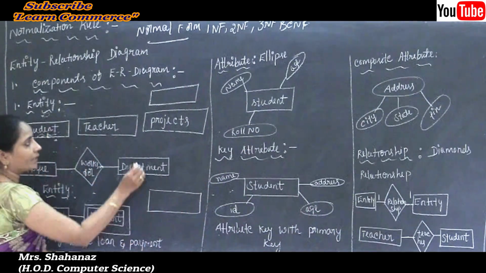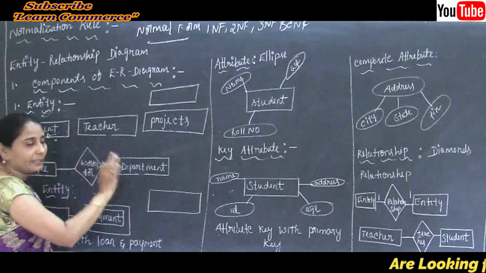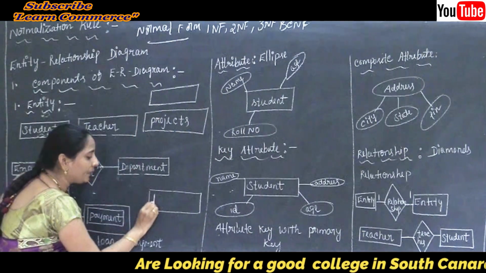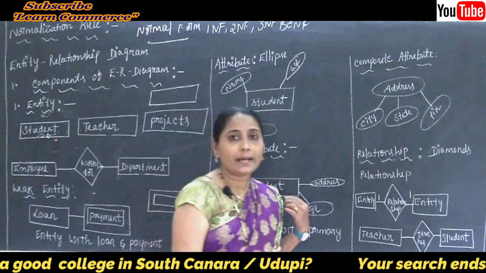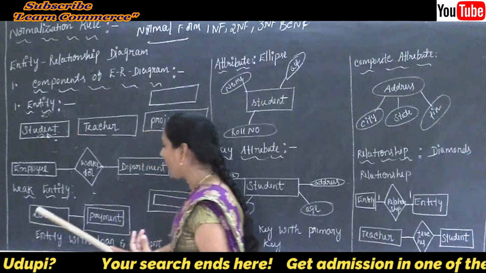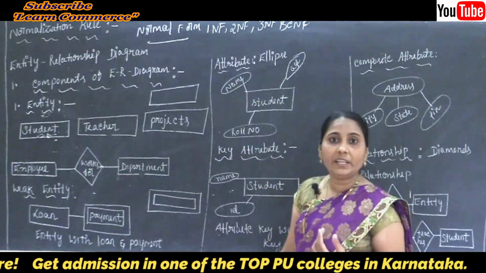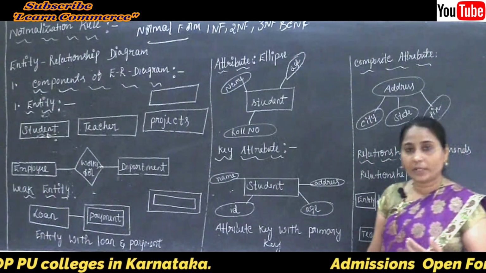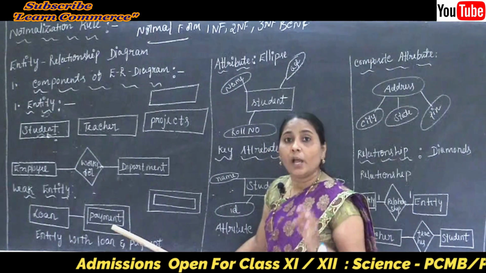Because I already said a single entity is represented using our rectangle, and the weak entity is represented by using our double rectangle here. So in this example we can say the loan and the payment. When you take any loan, we need to pay the amount for such loan here. So in this diagram the payment is called the weak entity.